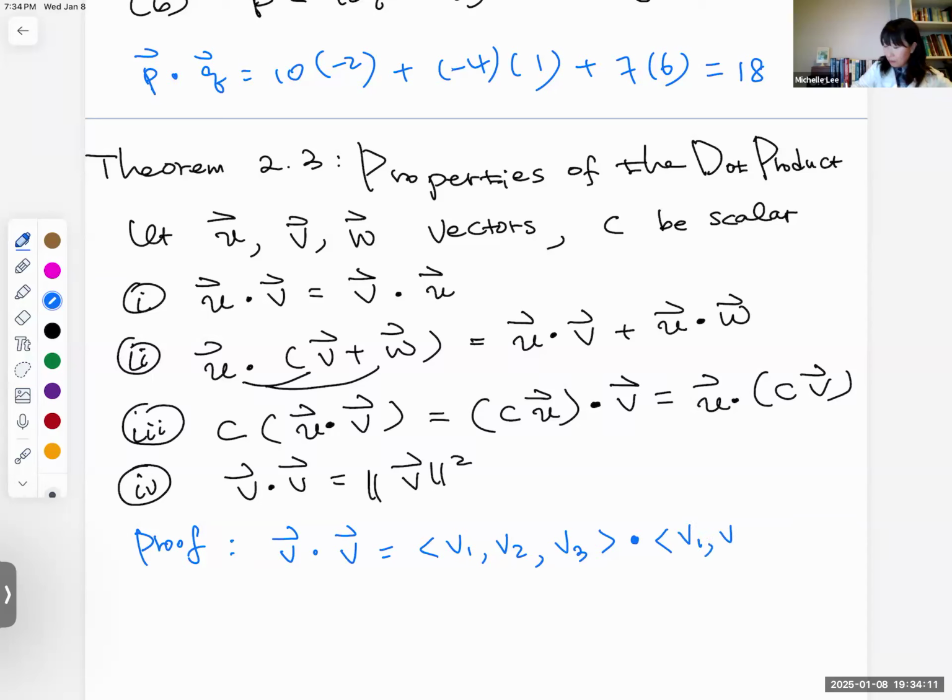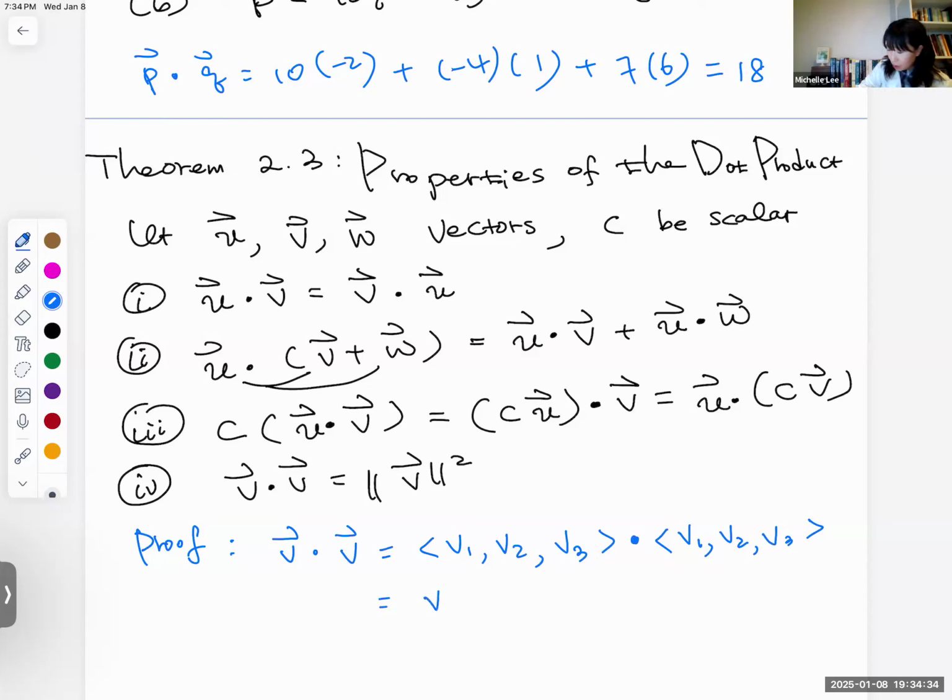So v sub 1, v sub 2, v sub 3, right? Okay, so we had the experience earlier. Dot product means we multiply the first component with the first component, and the second component with the second component, and the third component with the third component, with addition, right?